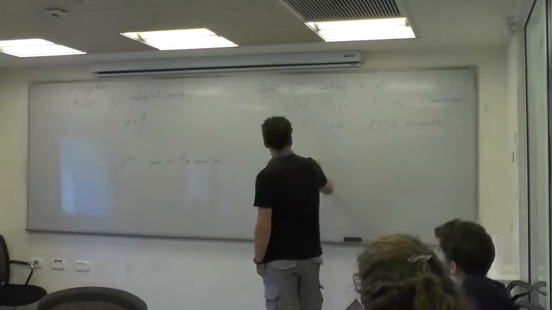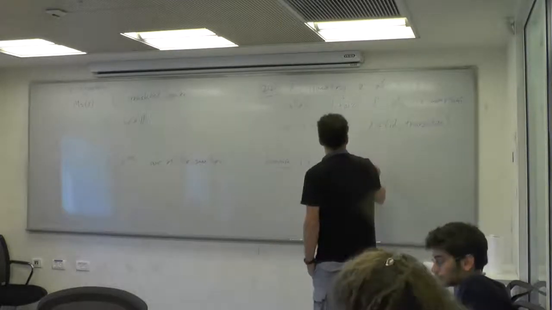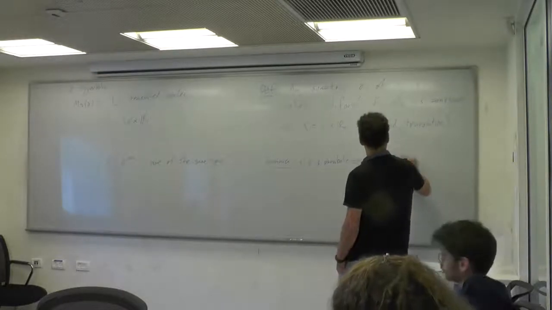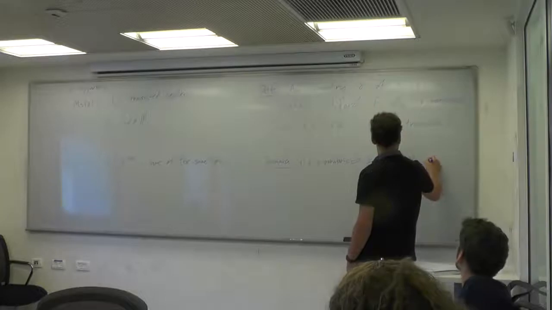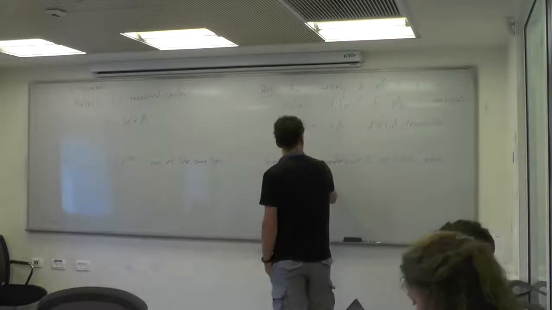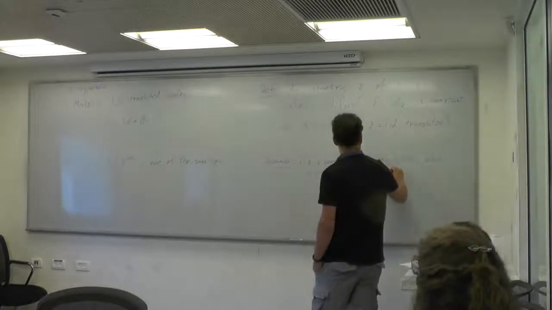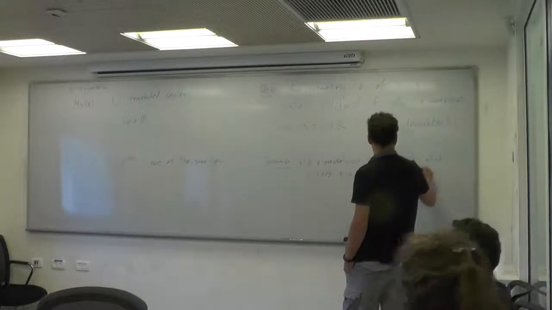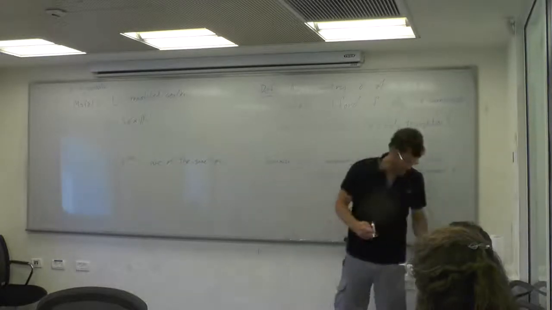Okay, if gamma is parabolic, then there is a point z at the visual boundary of X which is fixed by gamma, and gamma fixes the horosphere around z. Maybe I should define what a horosphere is, right?